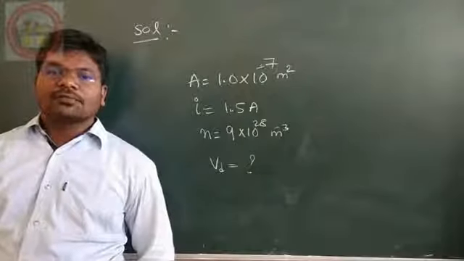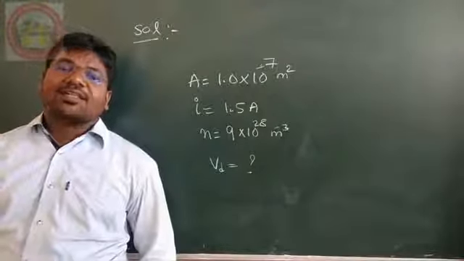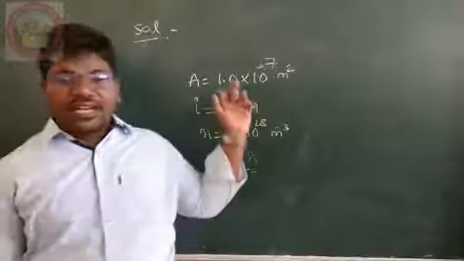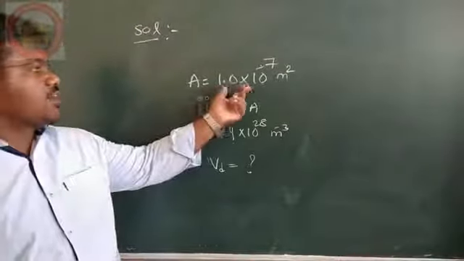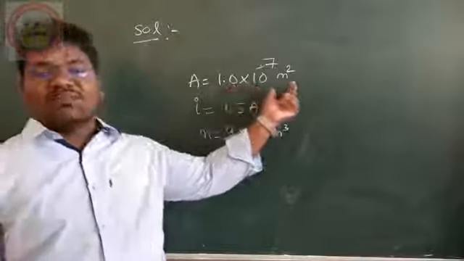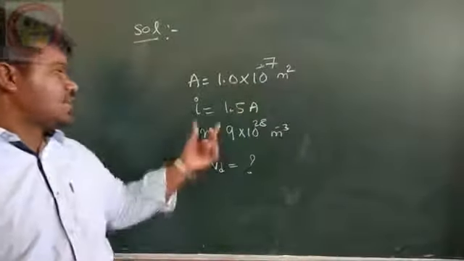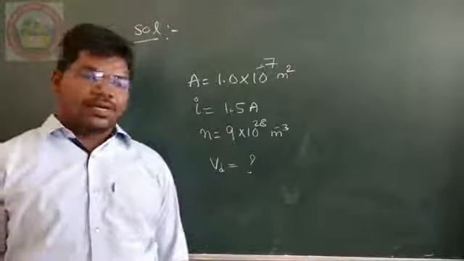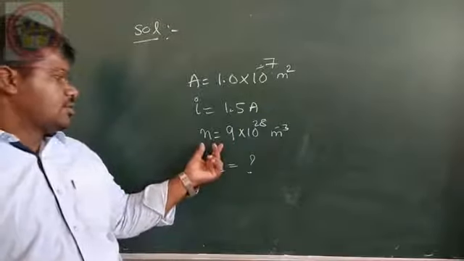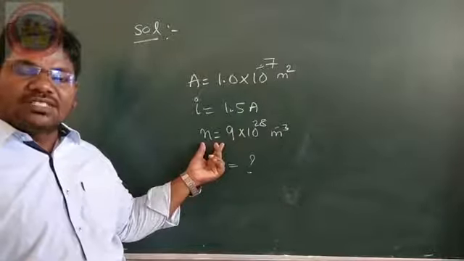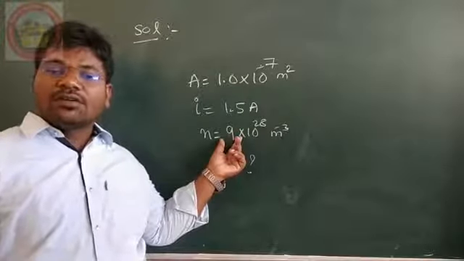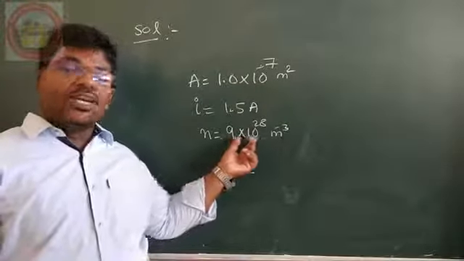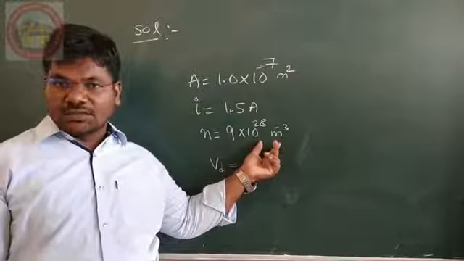The data given: area of cross section 1.0 into 10 power minus 7 meter square, current 1.5 amperes, electron density, meaning number of electrons, 9 into 10 power 28 meter power minus 3.